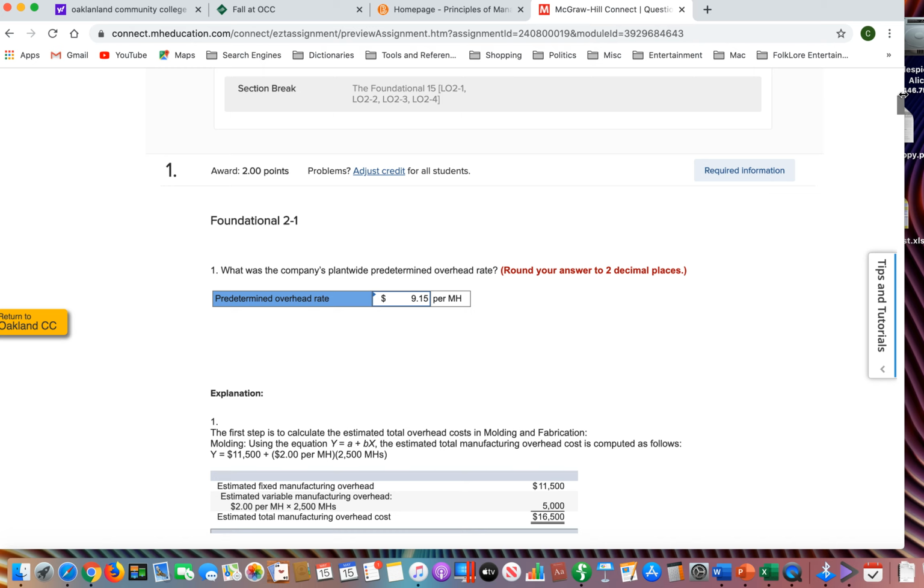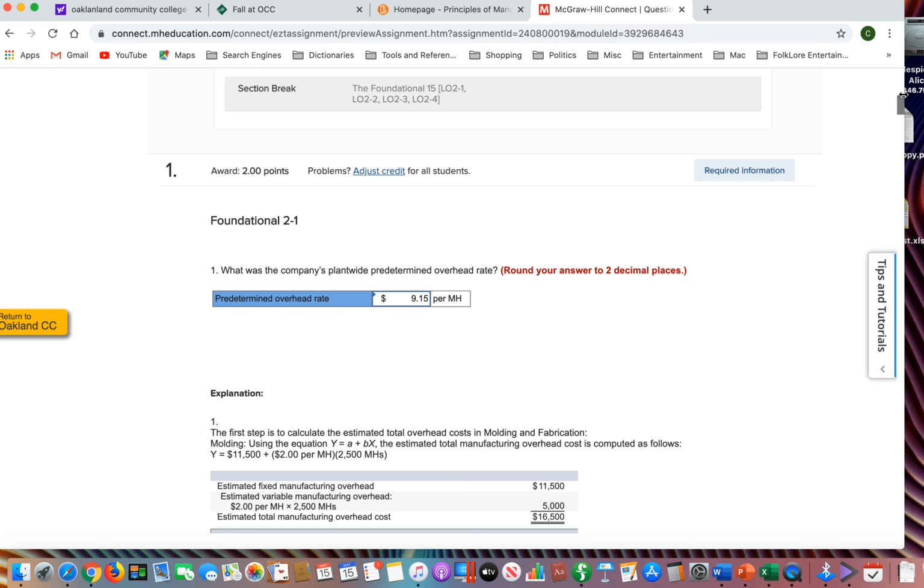It will be the same. You will calculate the total overhead for each department and divide it by the specific allocation base that I stipulate. Okay? Alrighty.